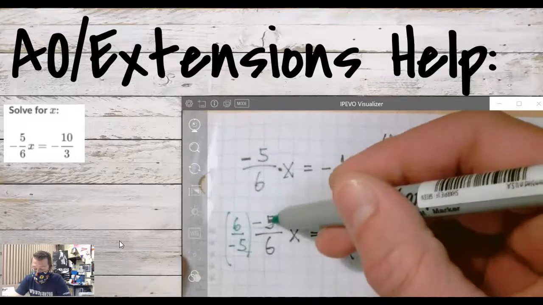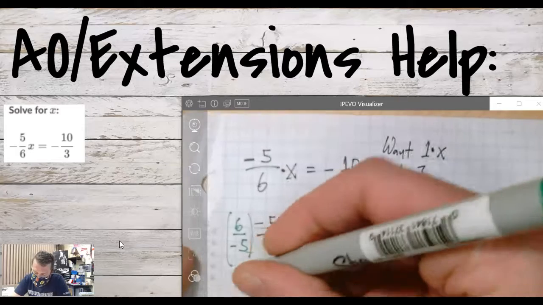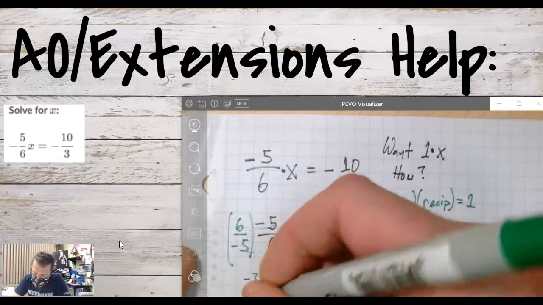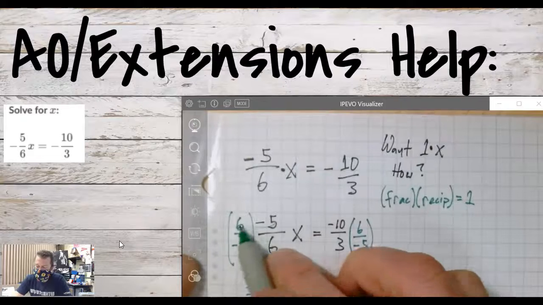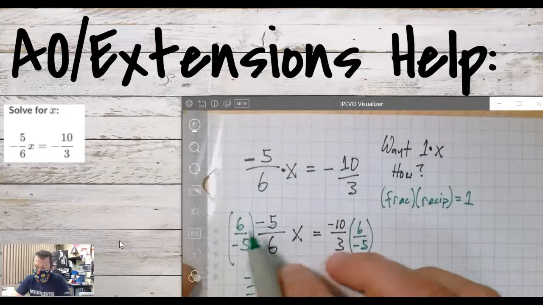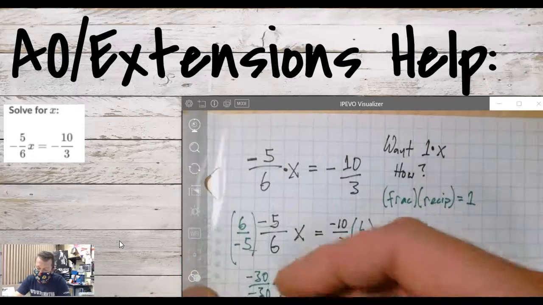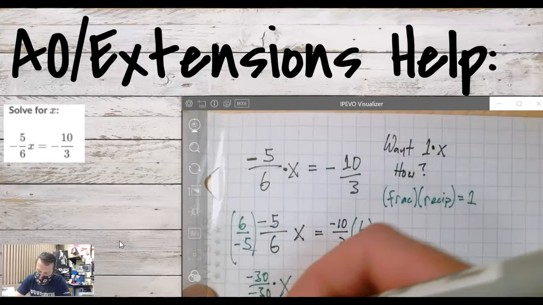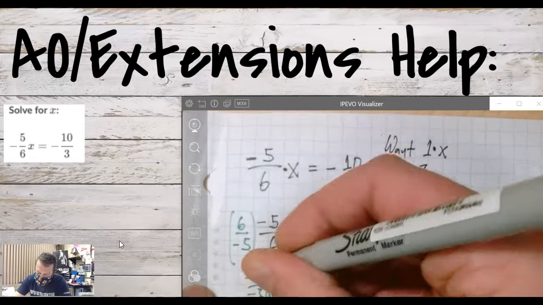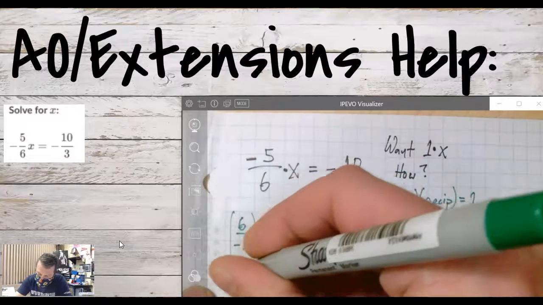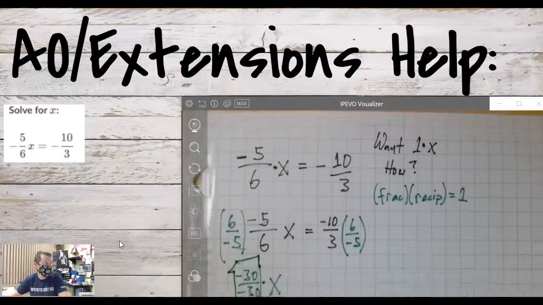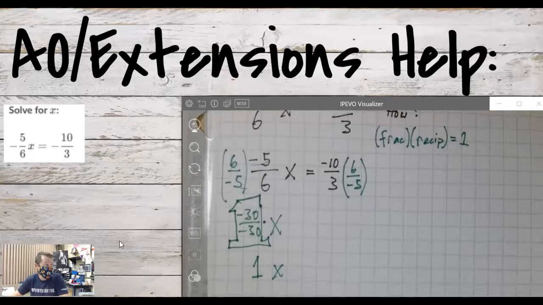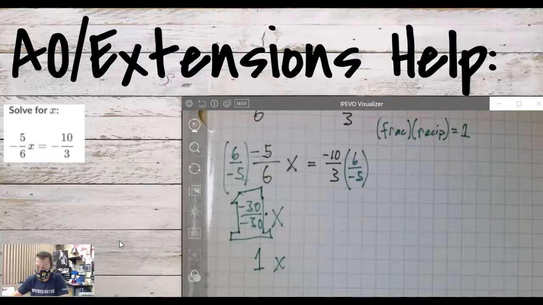This, on the left-hand side, will actually get us negative 30 over negative 30. As we get comfortable with that, we can say that when we're multiplying a fraction times its reciprocal, it all just kind of disappears, because a number over itself becomes 1, so we really just get 1x on the left-hand side.